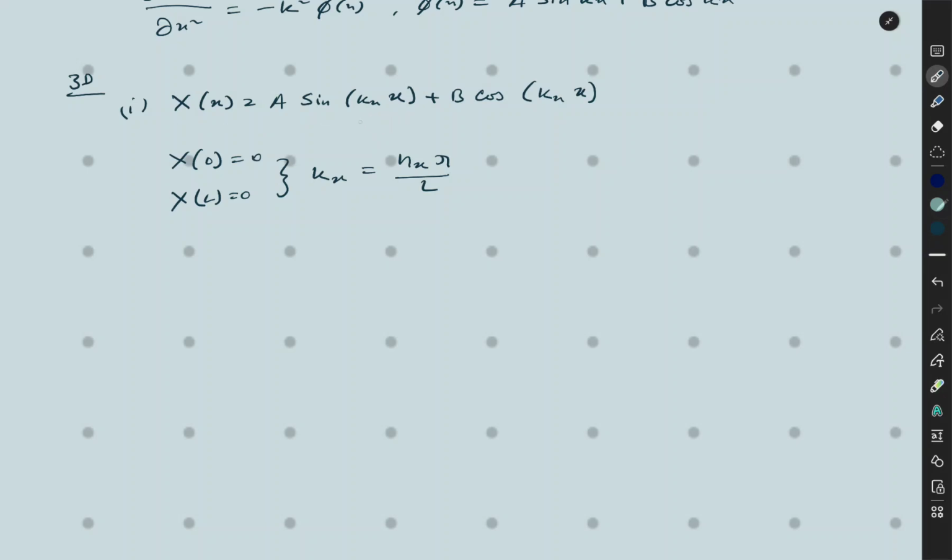And when we put L as x, then we are getting that a sin kxL equal to 0. So certainly a cannot be equal to 0, that is an arbitrary constant, and we have discussed why k cannot be equal to 0. Therefore kxL should be equal to nx pi. So from there it is coming that kx equal to nx pi by L.